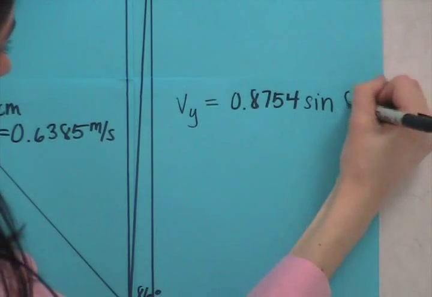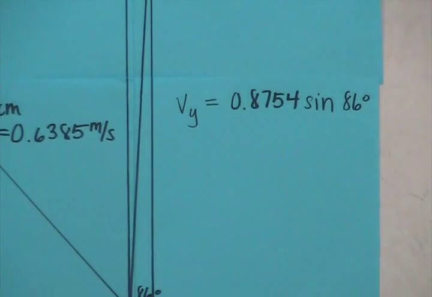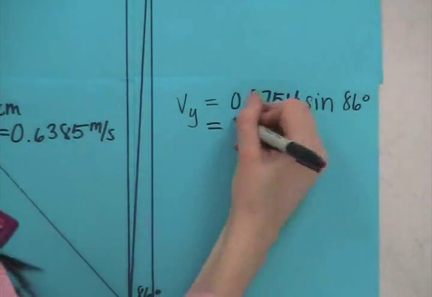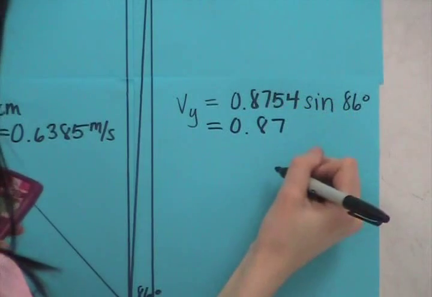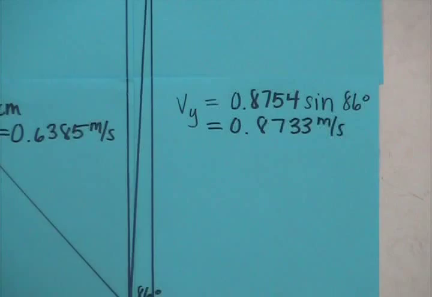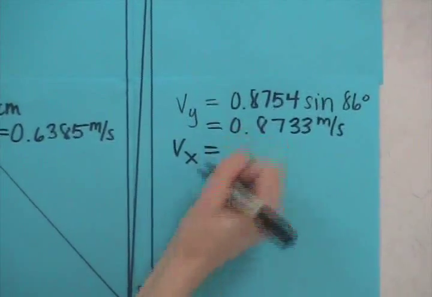So we'll have sine of 86 degrees. This will give us a velocity in the y direction of 0.8733 meters per second.